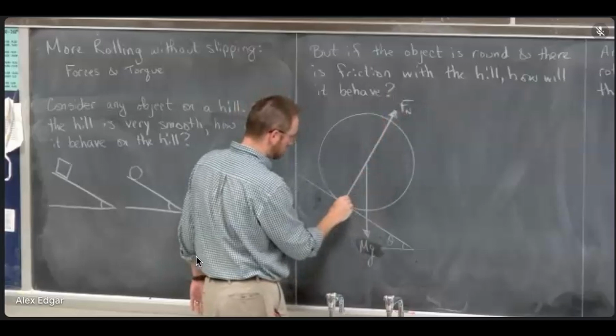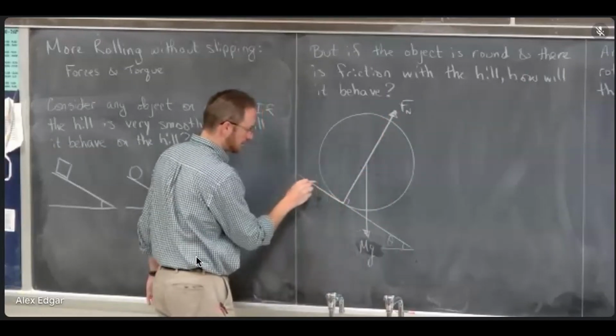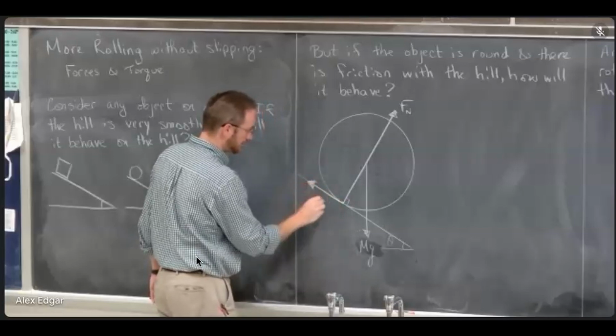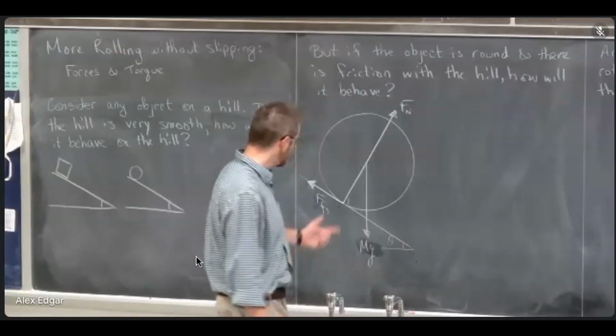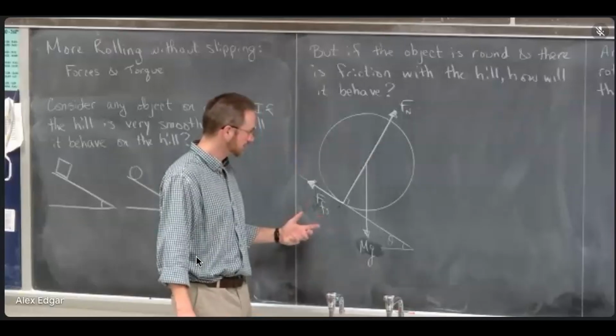And we also have friction. Now that friction is static friction because the point of contact is not sliding. Since the point of contact is not sliding, it is in static friction.